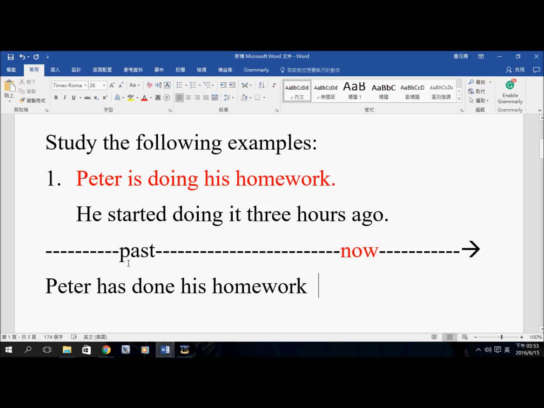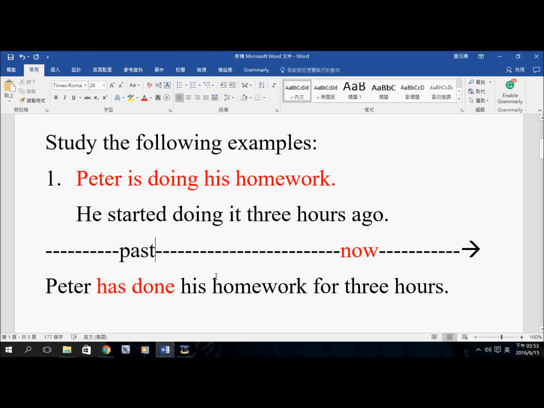And then it started 3 hours ago. So then for 3 hours. So this is one of the tenses that we can do. So present perfect tense, talking about an action that has started sometime in the past and it is still true at the moment of speaking.